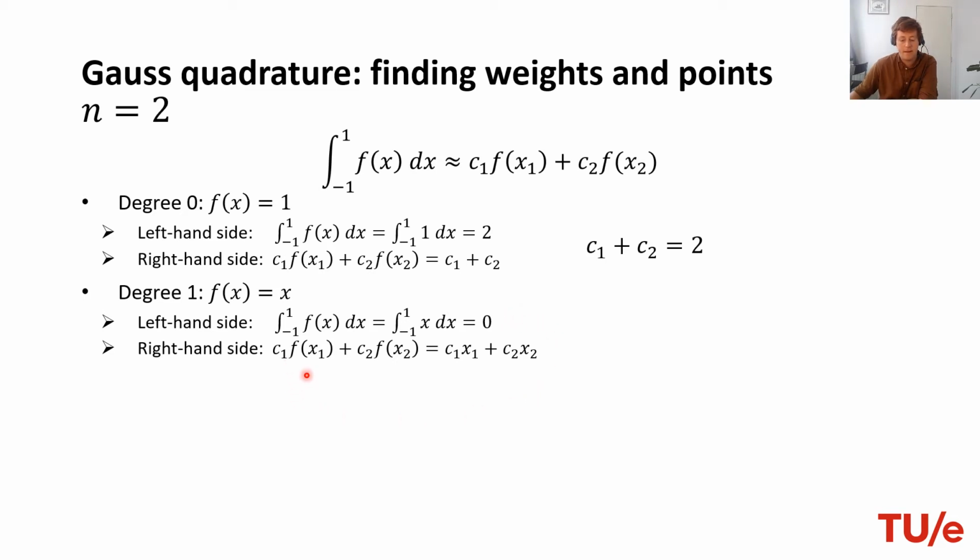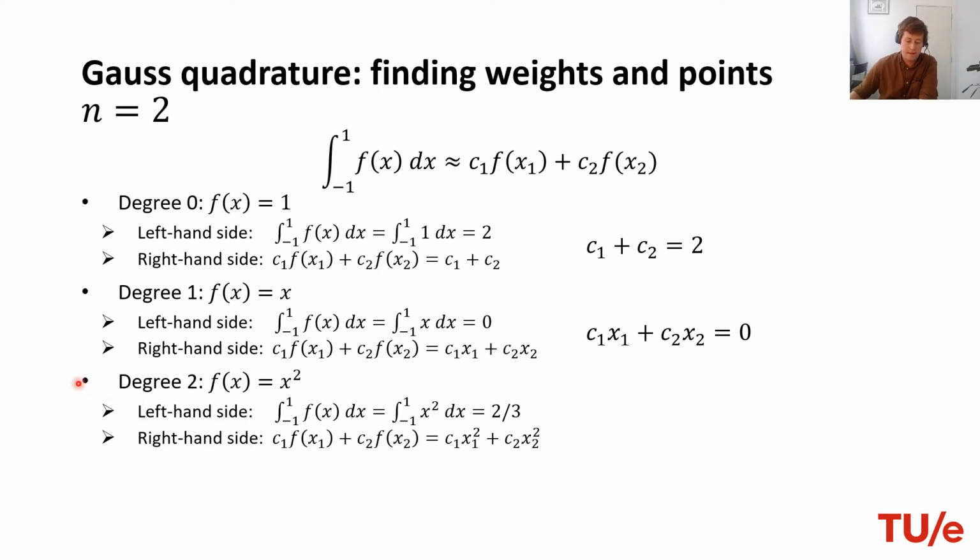For the right-hand side, well, yeah, this is not very complicated, so we just substitute the x1 into this function f of x is x, and you find that the right-hand side is equal to c1 x1 plus c2 times x2. We demand that this is an exact approximation, so the right-hand side should be equal to the left-hand side, and we find another condition that c1 x1 plus c2 x2 is equal to 0.